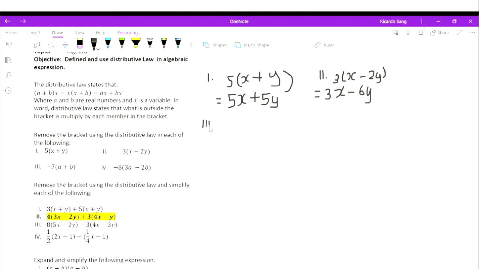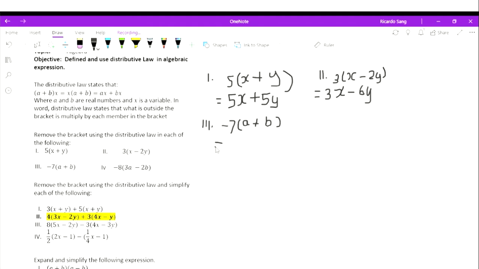So we're going to look at the next one. This is going to be minus 7(a + b). Alright, so this is minus 7.